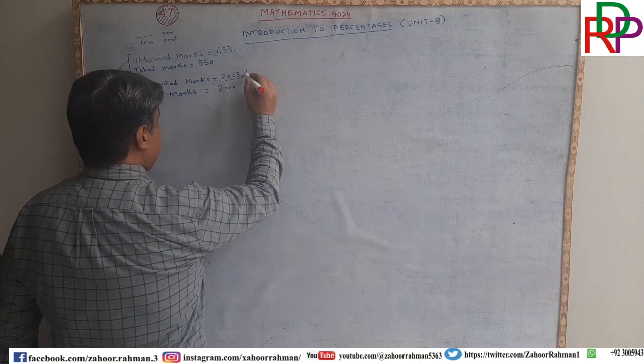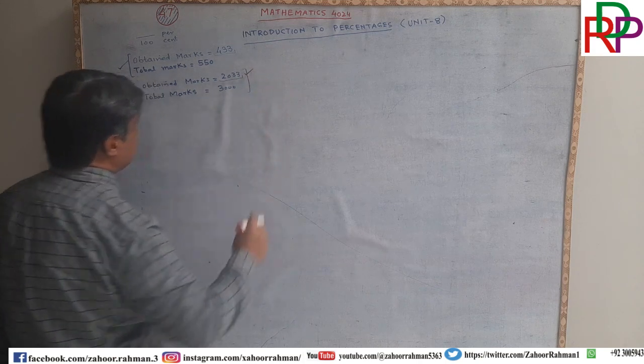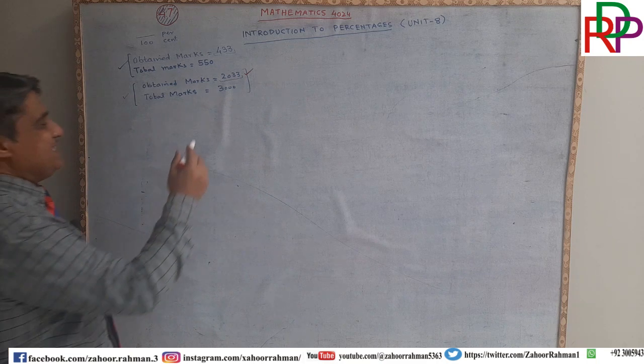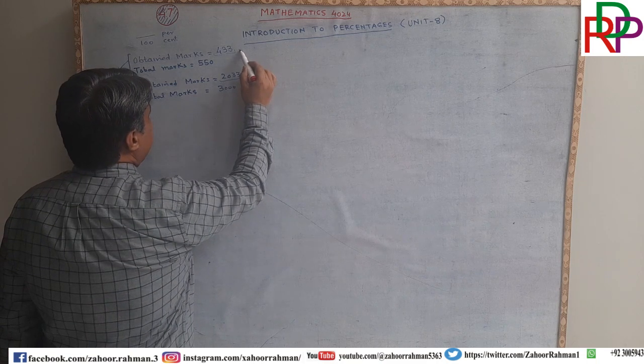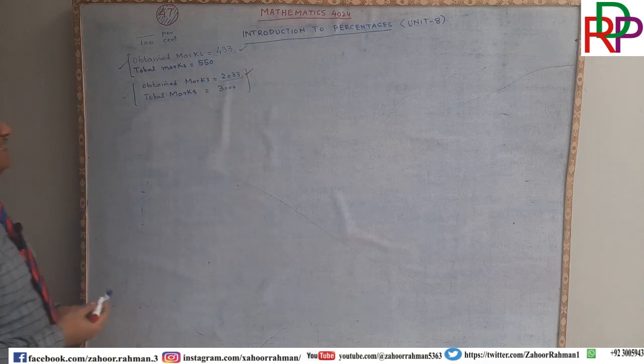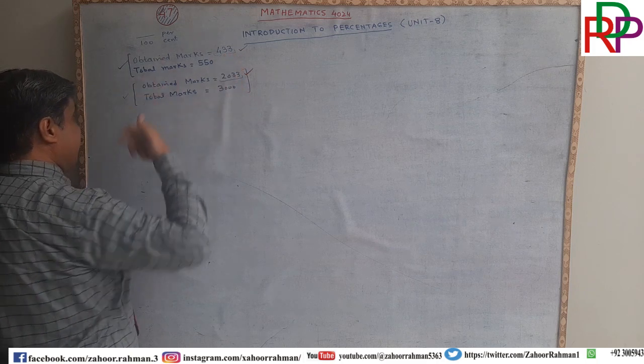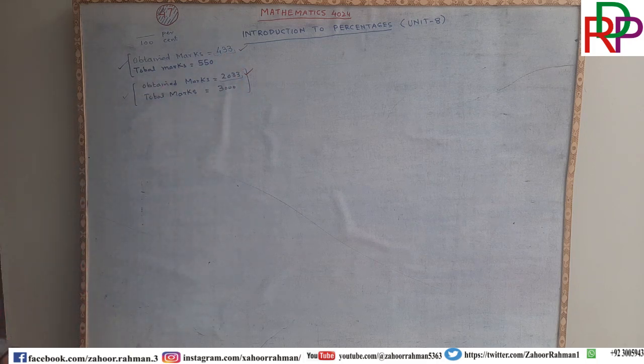Then he is saying, see, my marks are 2033 and the other family member is getting 433. So my marks are clearly greater than the person who is getting 433.